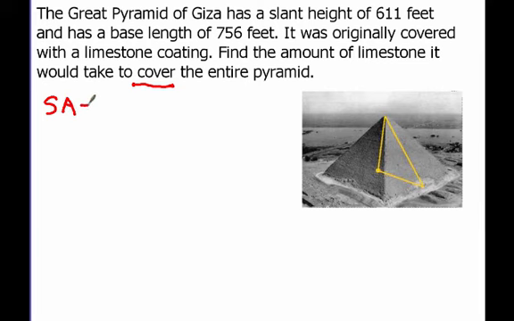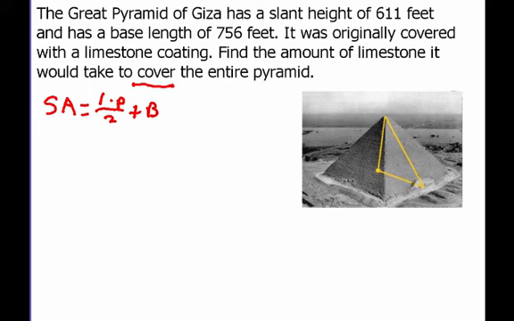We know the surface area of a pyramid is the slant height times the perimeter divided by 2 plus the area of the base. Now if we think about this problem, the slant height times the perimeter divided by 2 gives us the area of all 4 of the faces of the pyramid, and the base area gives us the area of the base, obviously.